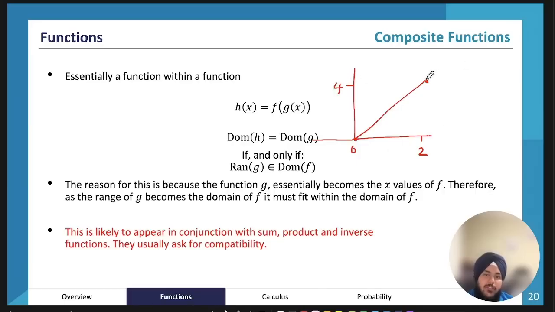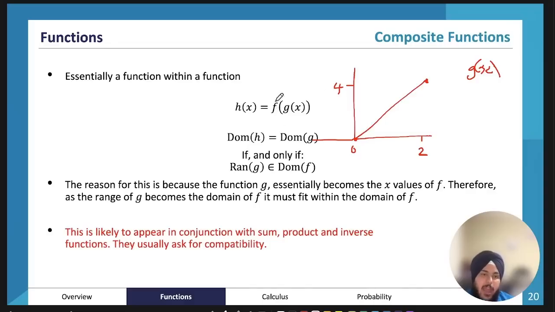So this function is always fine. So let's say this is g of x. So h of x is actually f of x with g of x inside of it. But f of x can only be defined for the range of g, because for g, the values that it produces are going to be between 0 and 4.